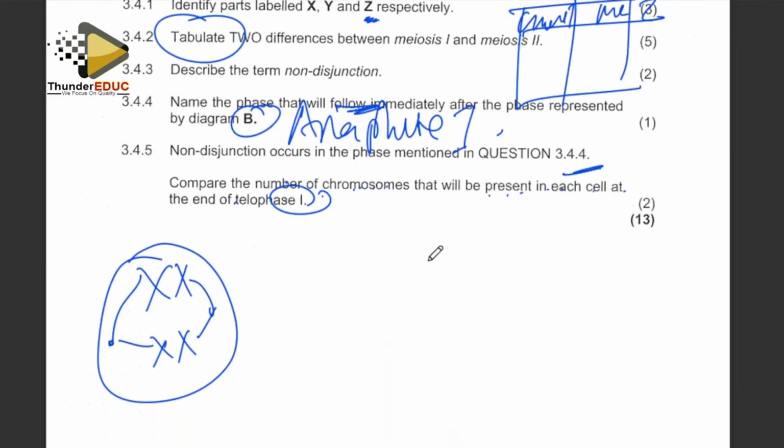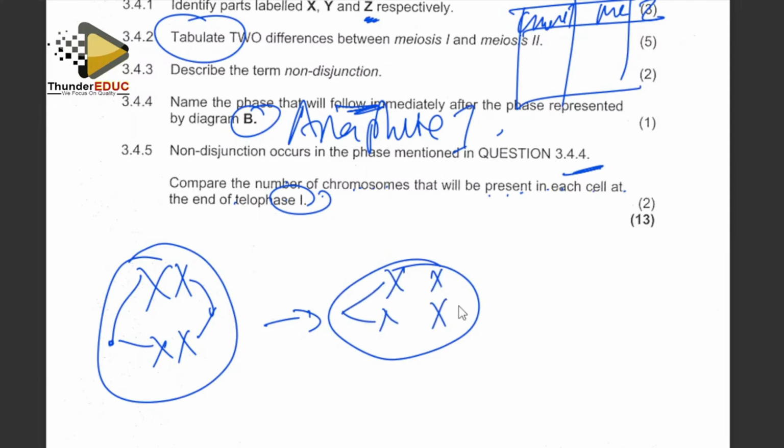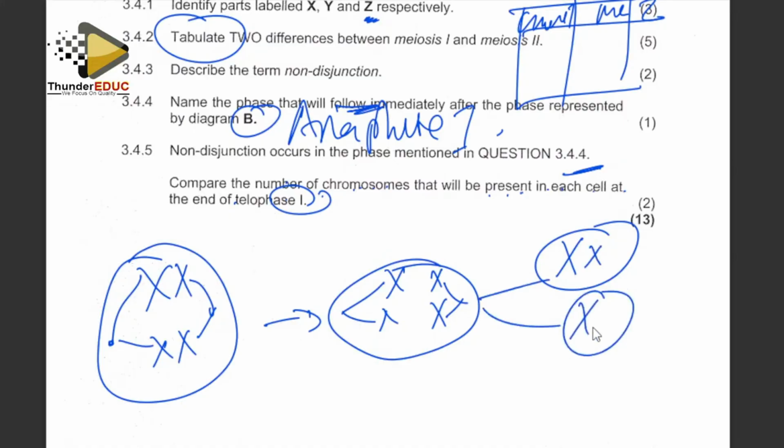So when anaphase happens, it is supposed to split like that, so that you form this one with 2 of them and this one with 2 of them.